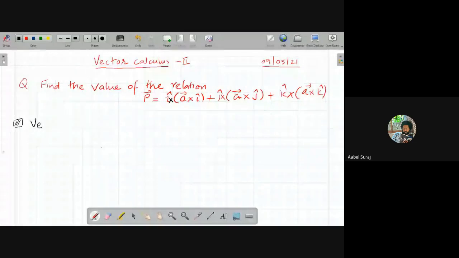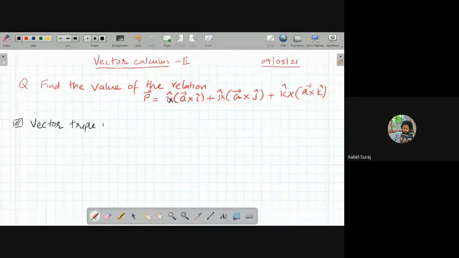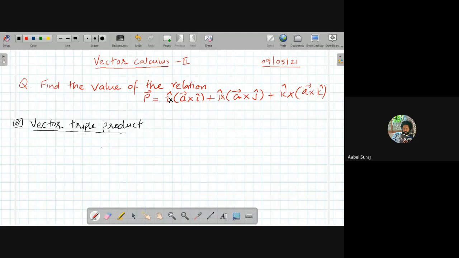So, vector triple product. We have discussed the product of two vectors, dot product as well as cross product, and now we are discussing the product of three vectors.